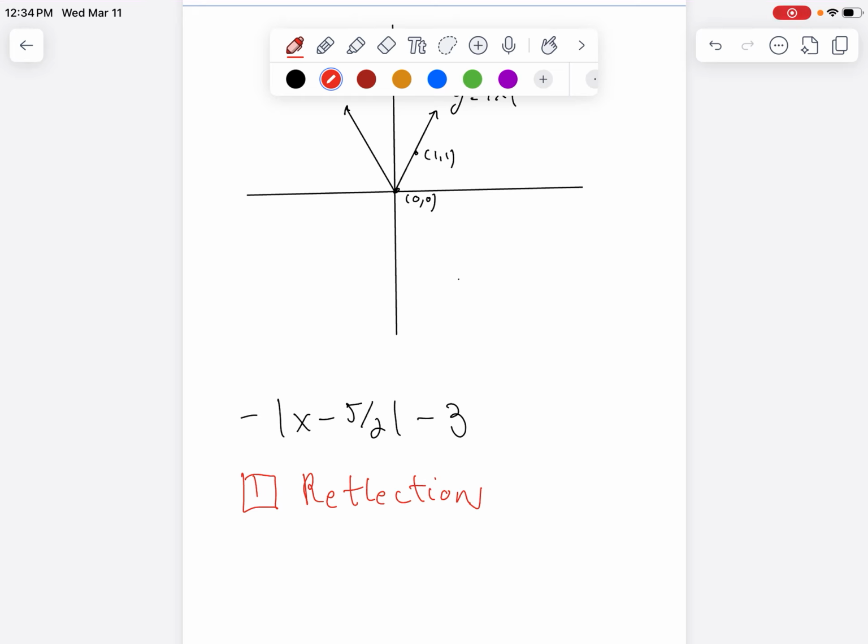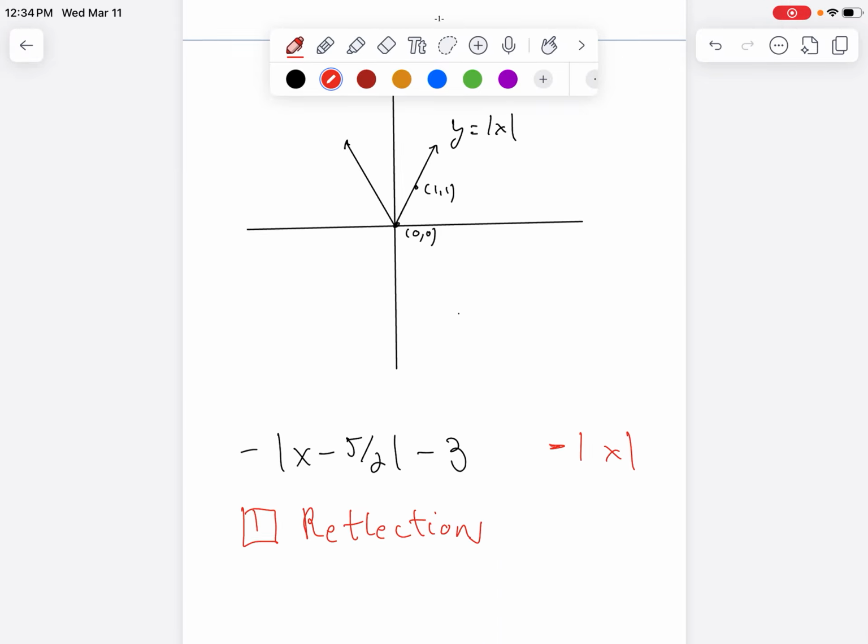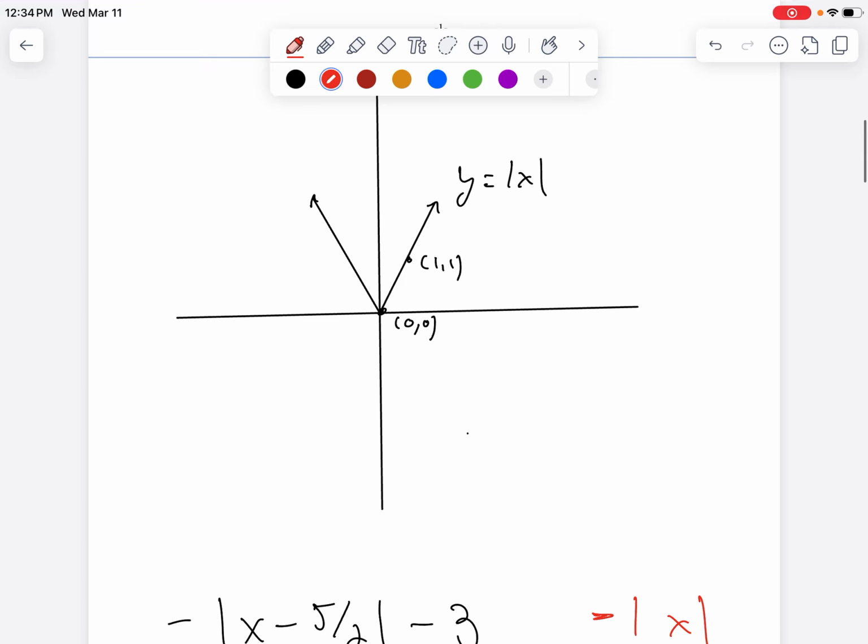So the reflection here would be minus absolute value of x. That would be my first graph, the reflection across the x-axis. So what does that do? Reflection basically changes the sign of the y values. So the point 0, 0 stays as is. The point 1, 1 becomes 1, negative 1.